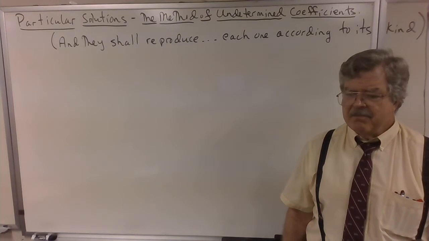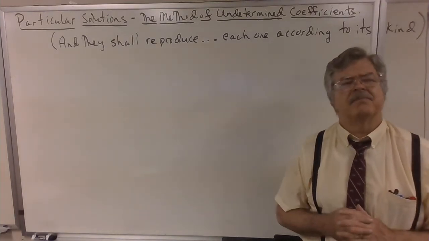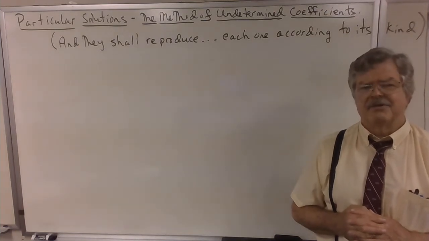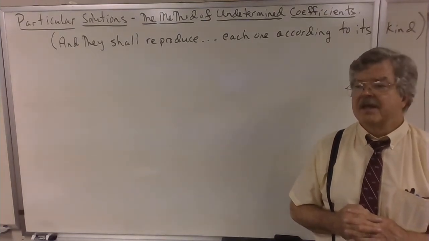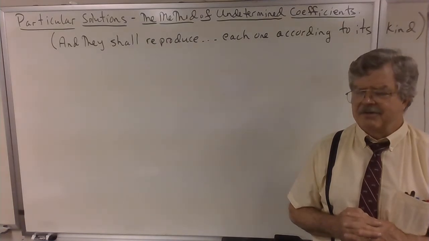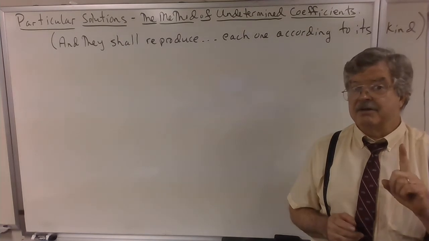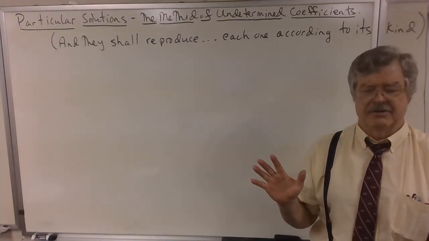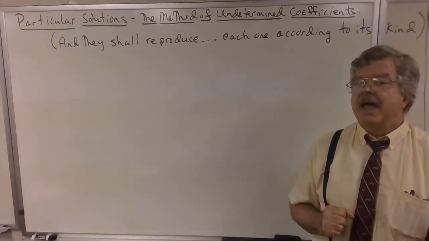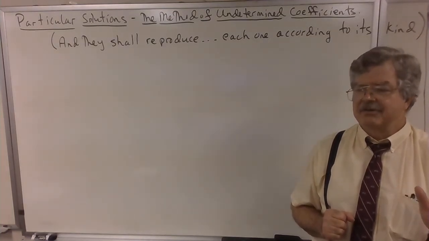Now, you remember the reason that we were so interested in the complementary solution is that if we have a linear differential equation with constant coefficients, our strategy is to find a particular solution, any solution, and add to it the general complementary solution.